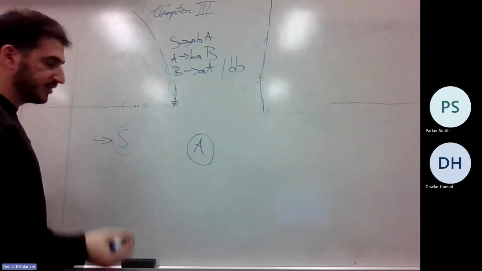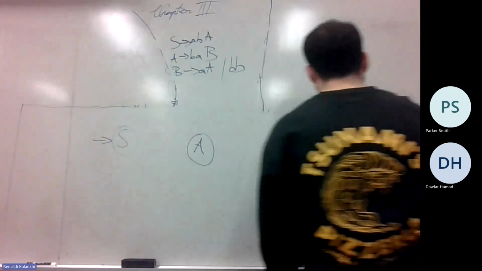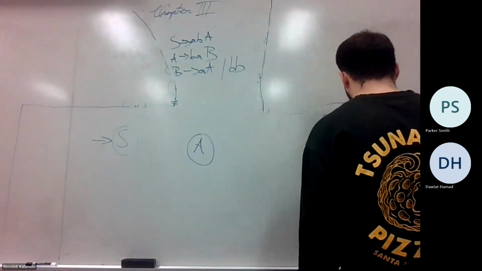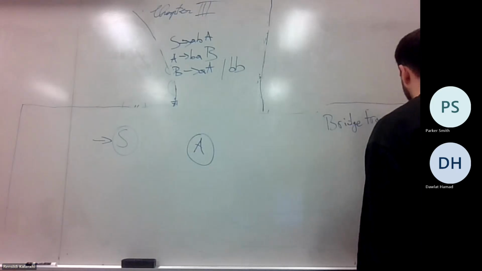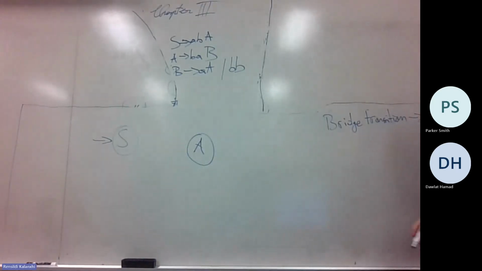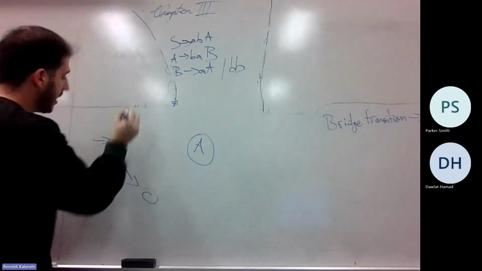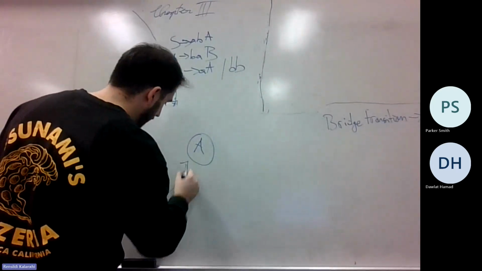I'll call it bridge transition. I'll make this an empty circle. So we have A and then B.